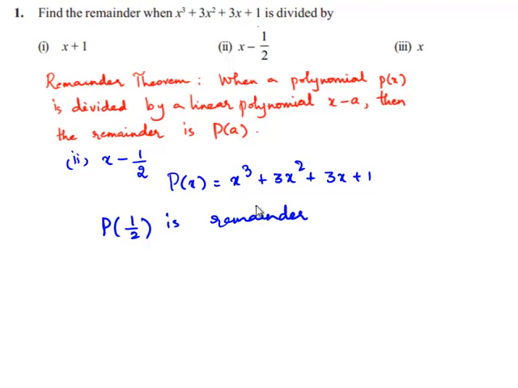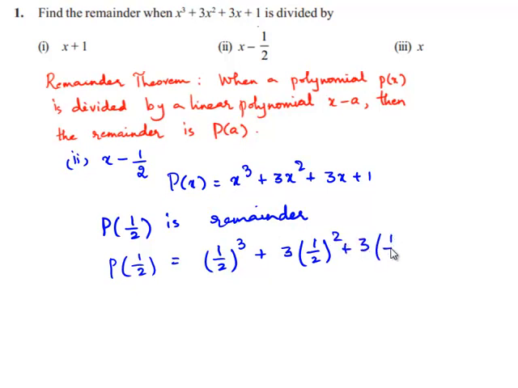So let us find p of 1 by 2 by substituting x is equal to 1 by 2 in the given polynomial, which becomes p of 1 by 2 is equal to 1 by 2 whole cube plus 3 times of 1 by 2 whole square plus 3 times of 1 by 2 plus 1.